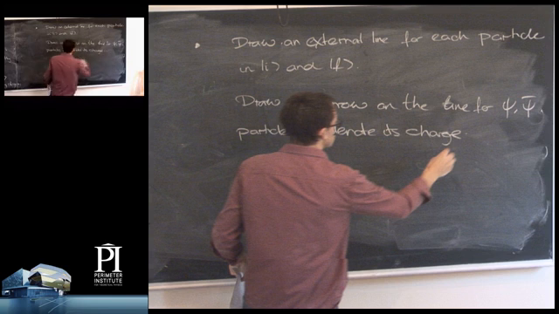And we just need a choice for this. So the choice we're going to take is that if we have psi particles in the initial states, we're going to draw the arrows coming into the diagram. If we have psi bar particles in the initial states, the other way. So this is just a convention. Choose incoming or respectively outgoing arrows for psi, respectively psi bar particles in initial state, and the opposite for final state.